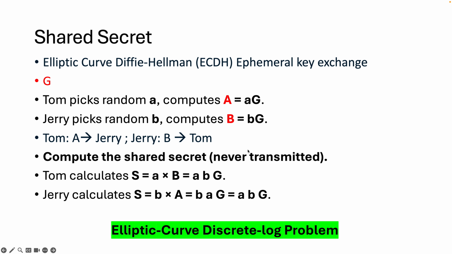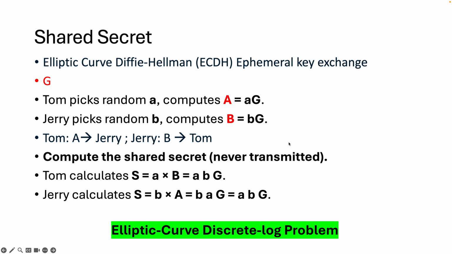Here comes the magic. Tom uses little a and Jerry's capital B to compute the shared secret as S equals a times B. At the same time, Jerry uses little b and Tom's capital A to compute the same thing, S equals b times A, because in both equations, S equals little a times little b times capital G. So they have the same shared secret.